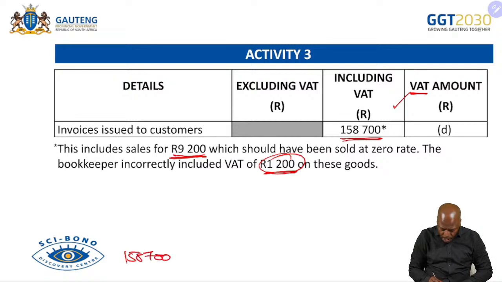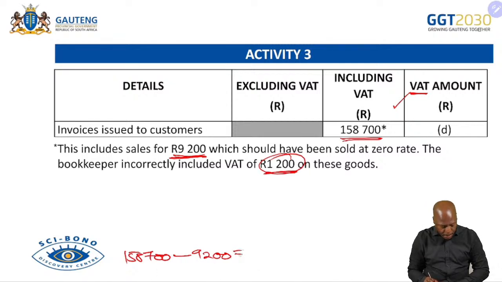158.7 is the amount that includes VAT. What is the other amount that also includes VAT that we have? The 9.2. So I must take out the 9.2. That is the other amount that I'm given that includes VAT, because this is inclusive of VAT.